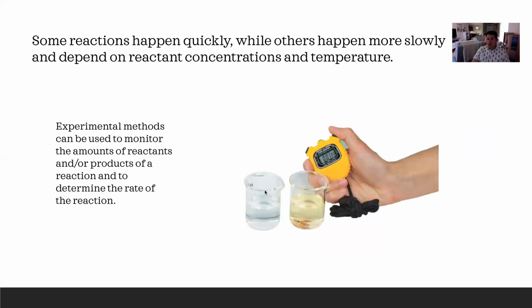Another example would just be a reaction with a pretty dramatic change, and you would use a stopwatch. That would be something like the iodine clock reaction. I know I've done the iodine clock reaction several times in the past. I'm not sure if we got to it this year. There are several YouTube videos on it. It's a reaction where a solution goes from clear to black very instantly.